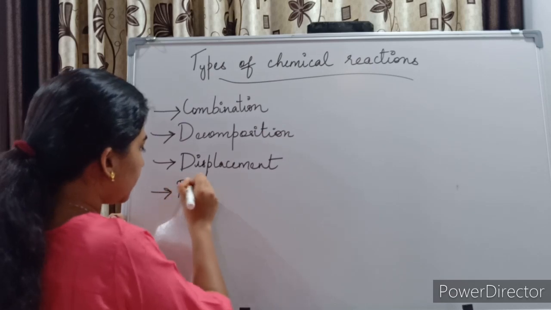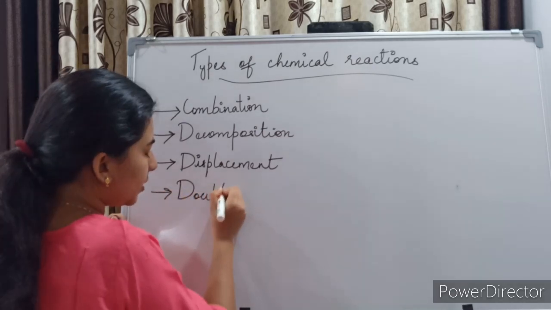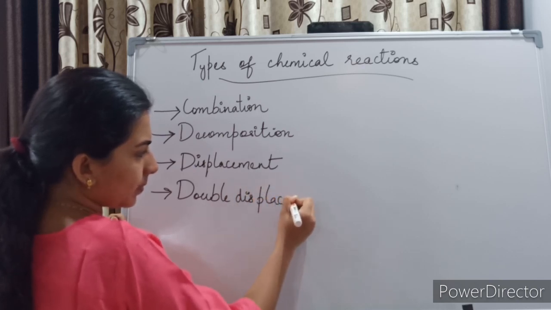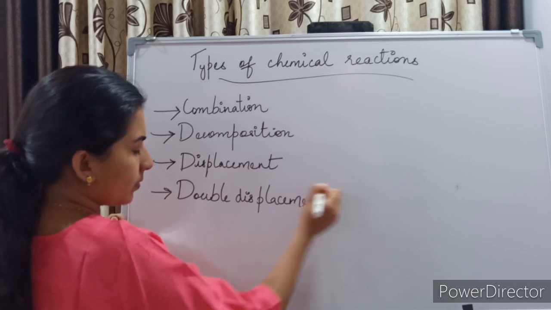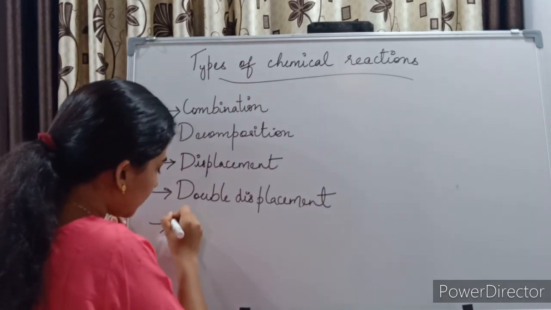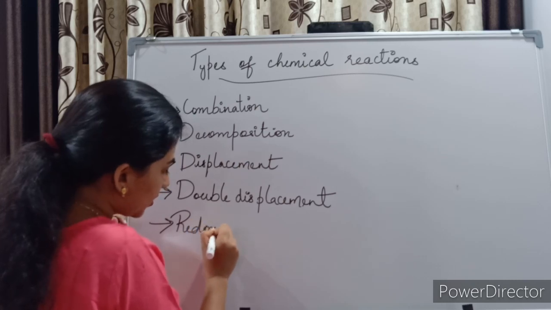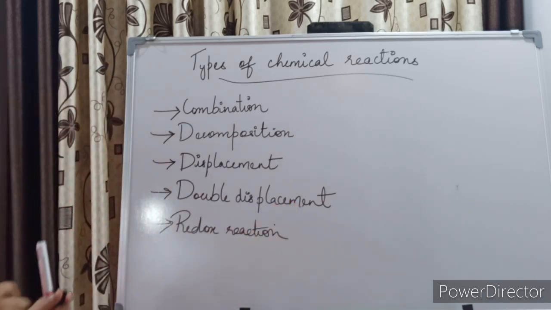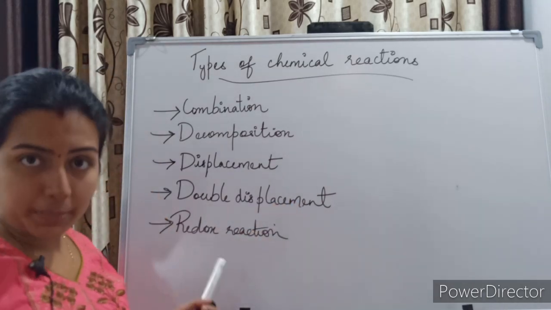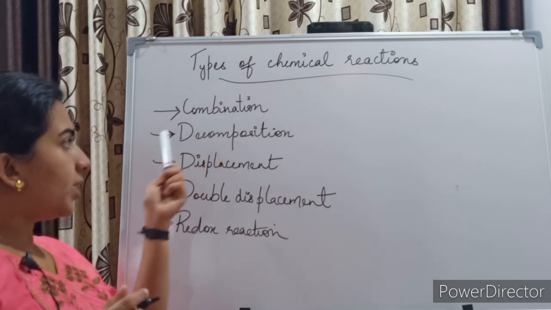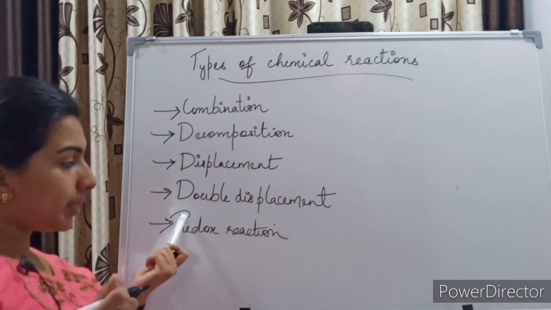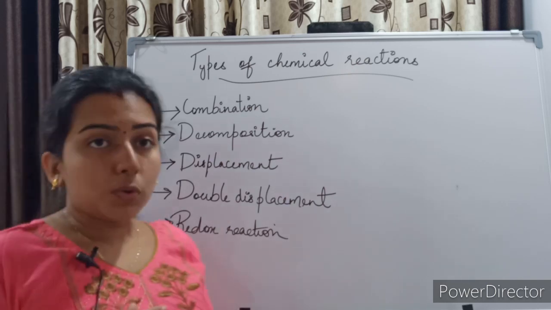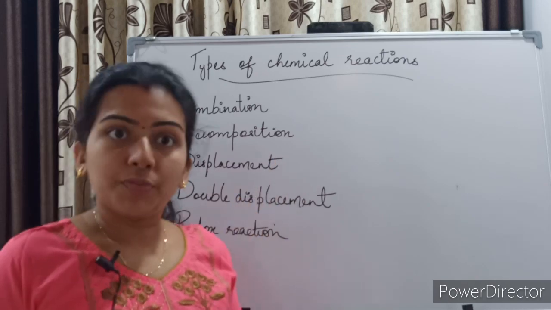Fourth one is double displacement reaction. And the last is redox reaction. These are the types of chemical reactions: combination, decomposition, displacement, double displacement, and finally redox reaction. We will go into detail about all of them.